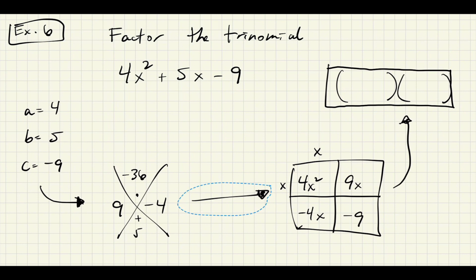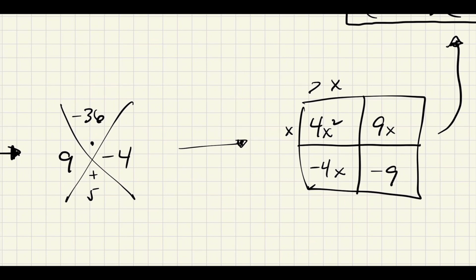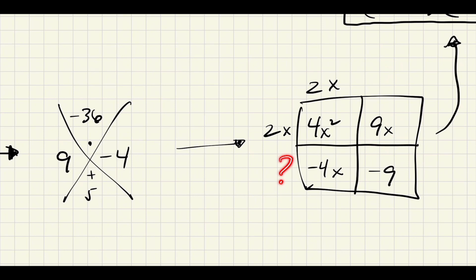I can go 2 times 2 or 4 times 1. The correct answer is whatever works, whatever fits. Like I can go 2 times 2, but that won't fit here. Because what would I put there, right? It would work here. I can put negative 2 here. That works there, but it doesn't work. So that means it has to be 4 times 1. And the 4 is going to go there.